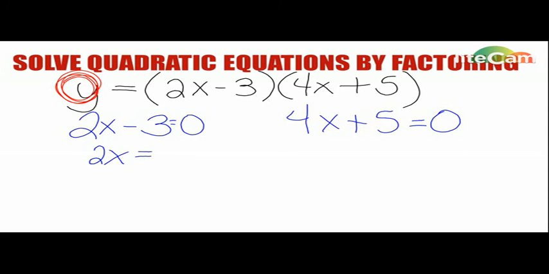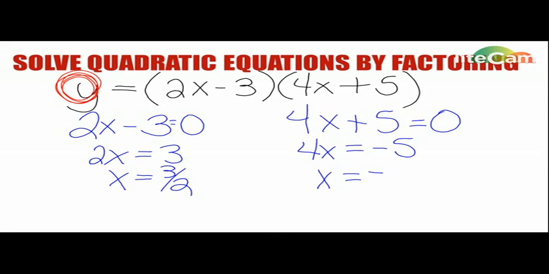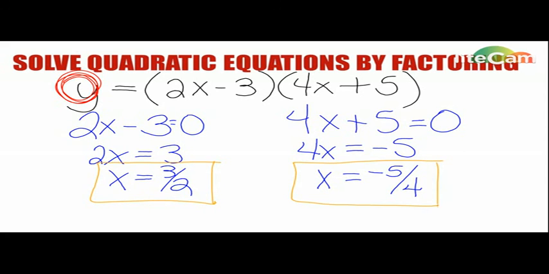So I have 2x equals 3. Do the one on the left first. And x equals 3 divided by 2. On this one, I have 4x equals -5. I move the 5 over. And now I have x equals -5/4. So my answers are x equals 3/2 and x equals -5/4.